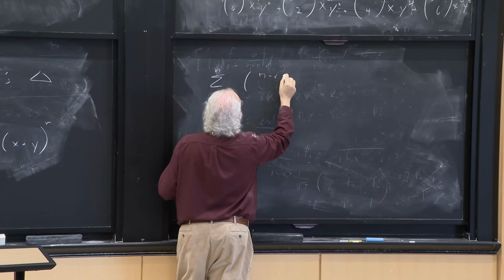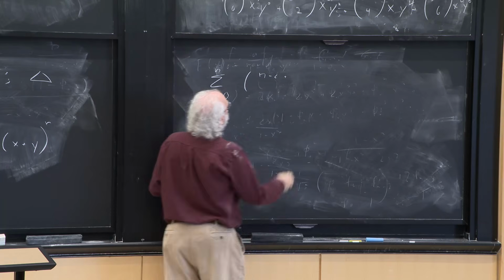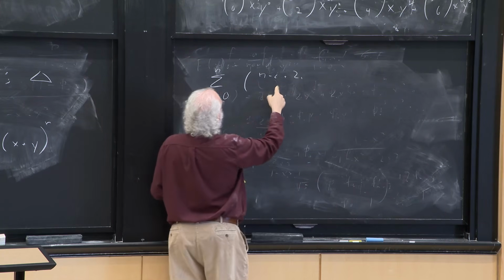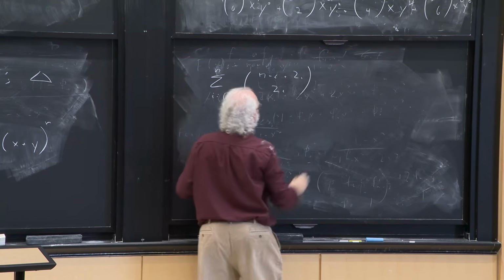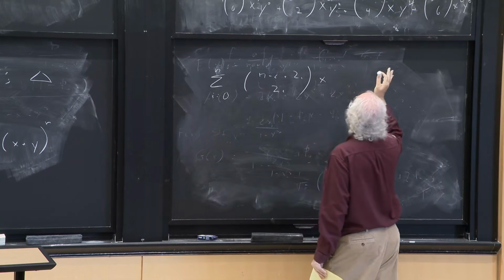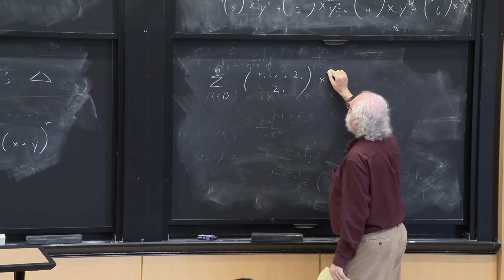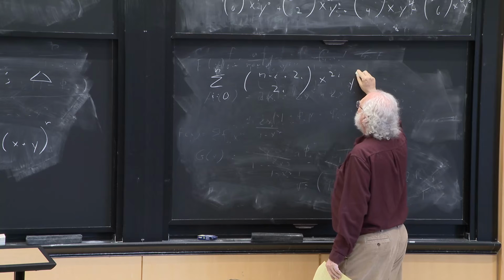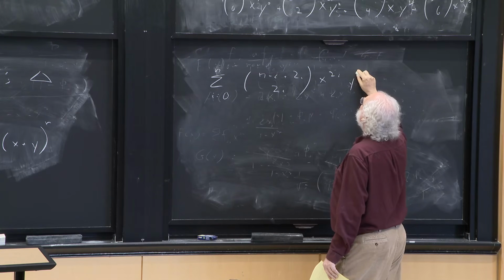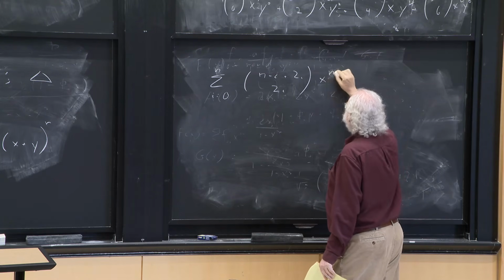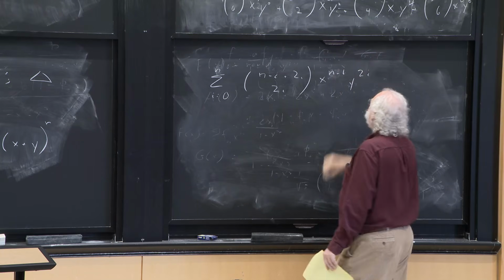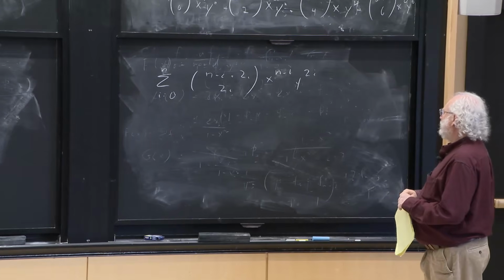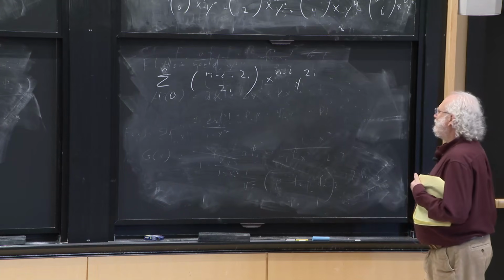So it's n minus i plus 2i, choose 2i, x to the 2i, y, x to the n minus i, y to the 2i. Okay.